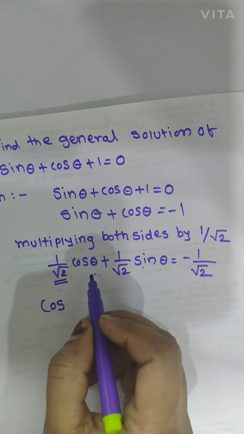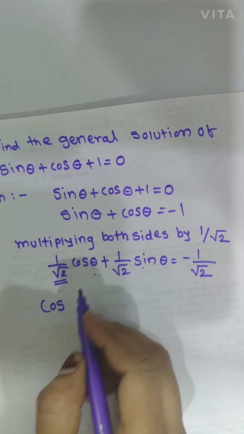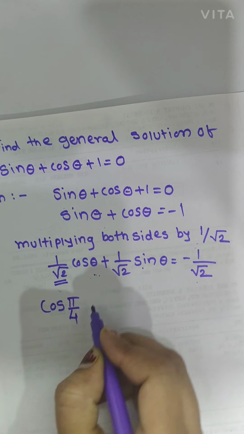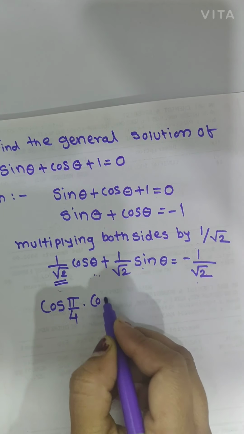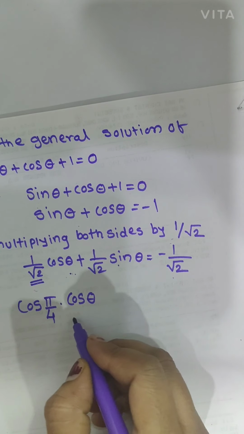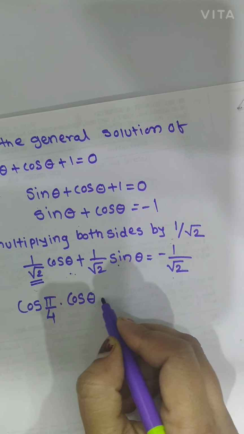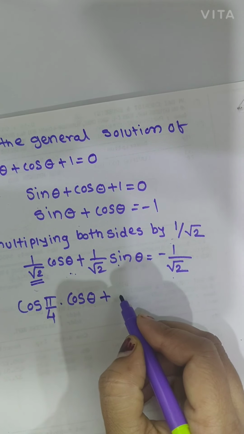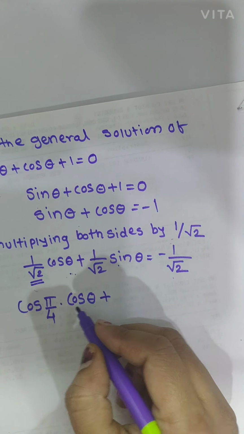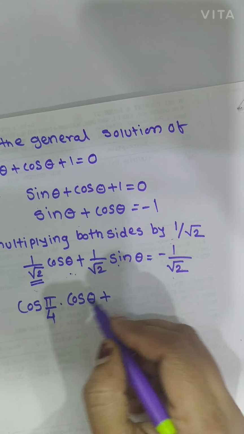If I want to make this formula in the form of cos, then cos of pi by 4. Is it true? Can I write this? Yes, I can. So it is cos pi by 4 into cos theta plus, what to do next? According to the cos formula, cos into cos plus sin into sin.